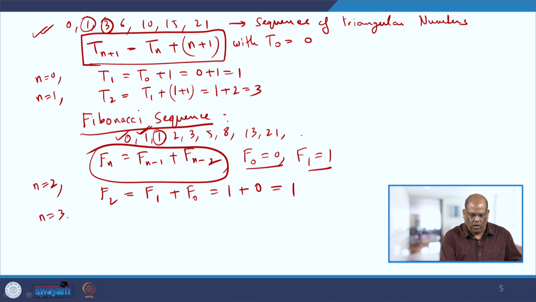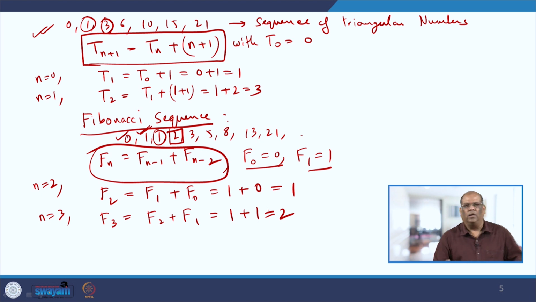I put n equal to 3, I get F3, which is F2 plus F1. F2 is 1, F1 is 1, and the answer is 2, which matches with this. And you can generate the rest of the sequence. So, let us now take a few difference equations and see how we can find their solution.